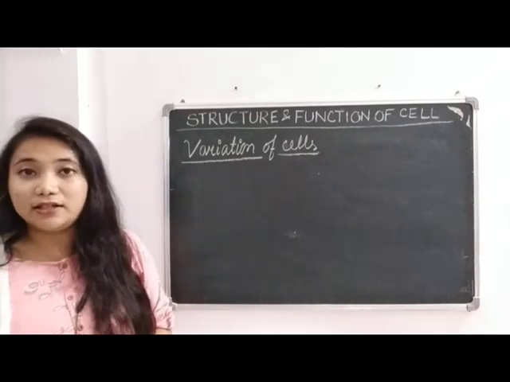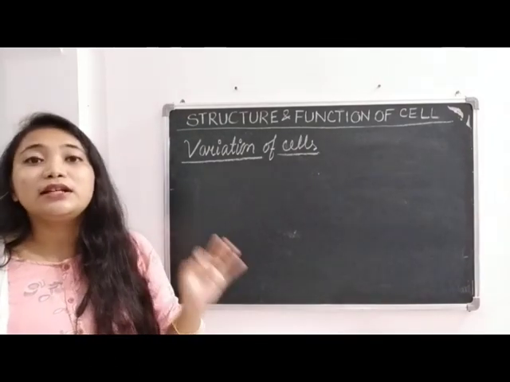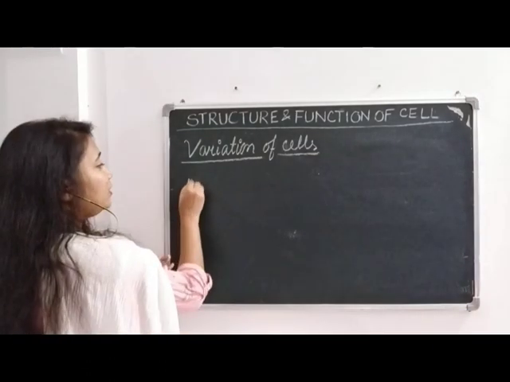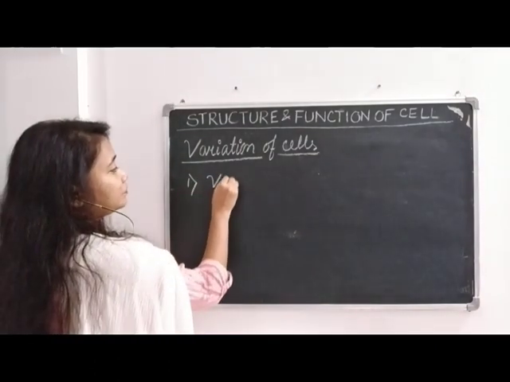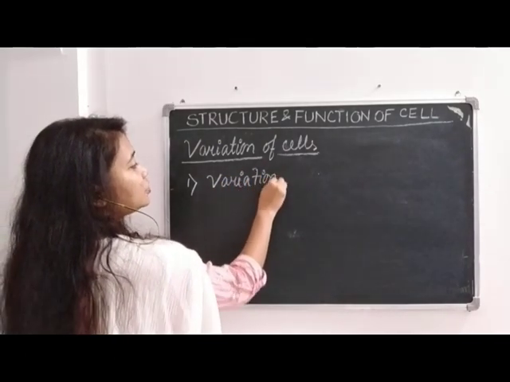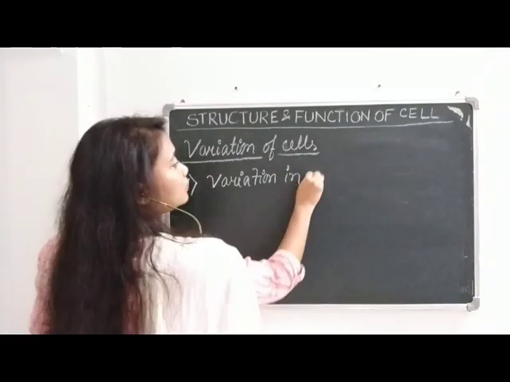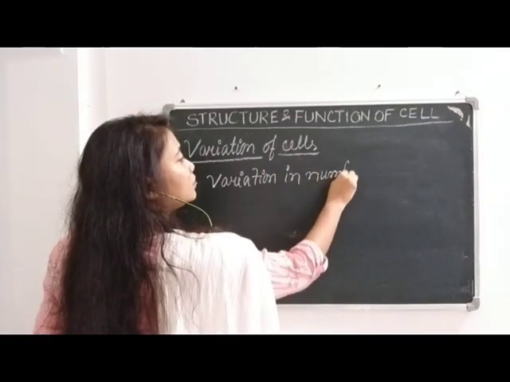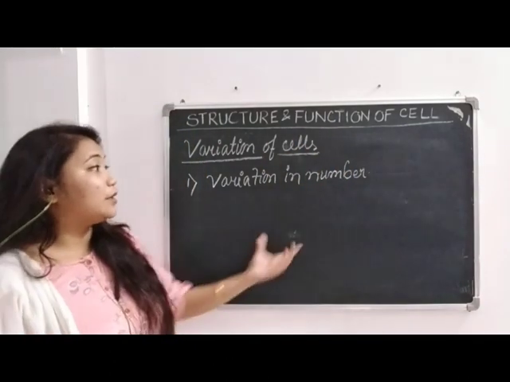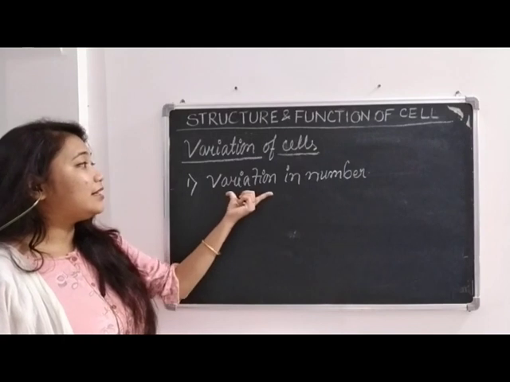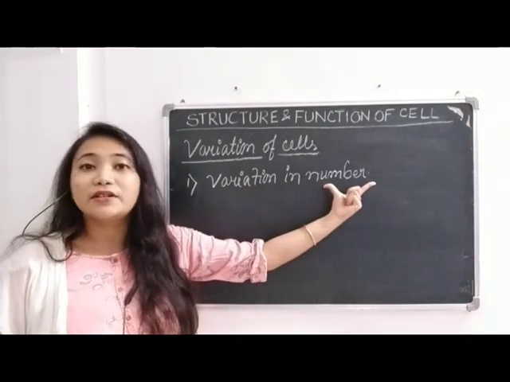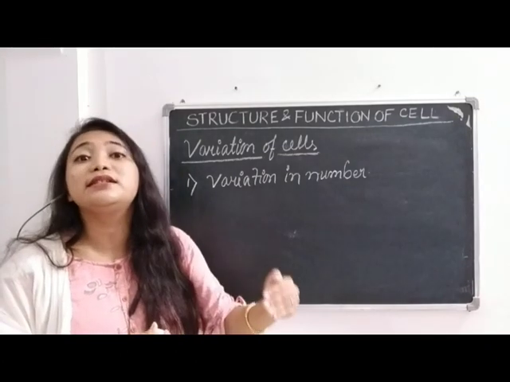So the first character that we are going to see is the number. So the first thing is the variation in number. When I say variation in number, what will it mean? That means there are different forms based upon the number of cells. That means how many cells are there.